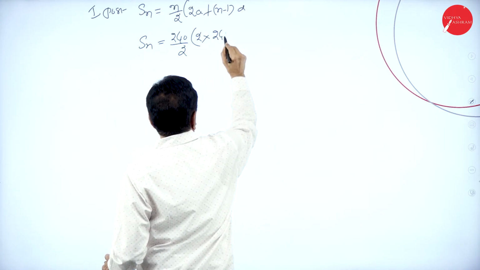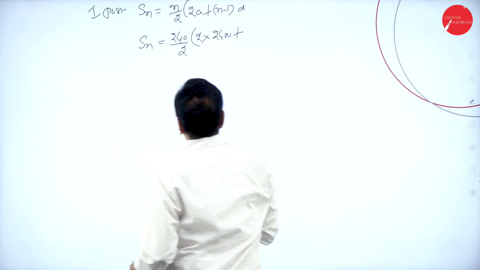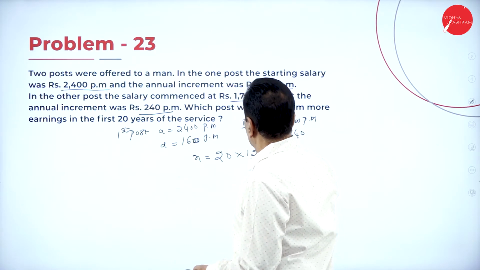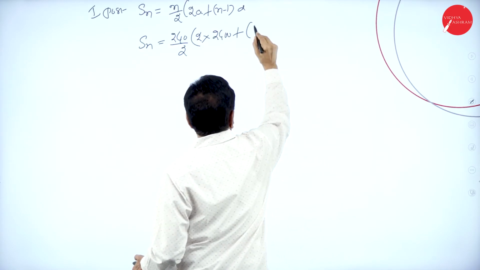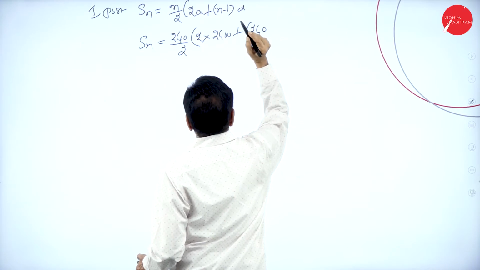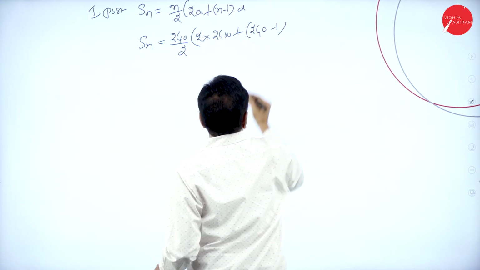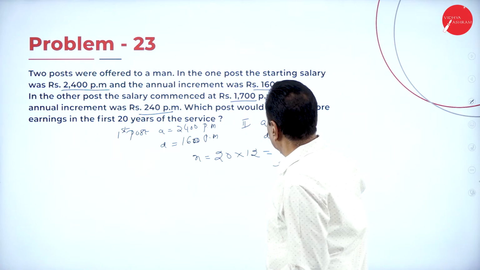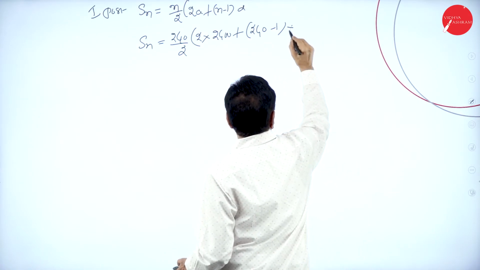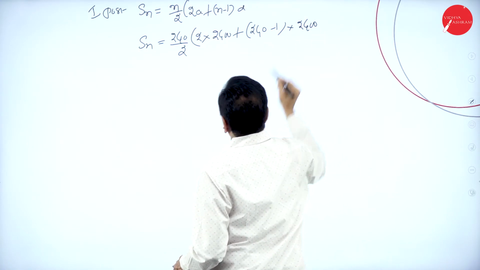2,400 plus number of months n, 240, minus 1. Your difference is 2,400 per month.